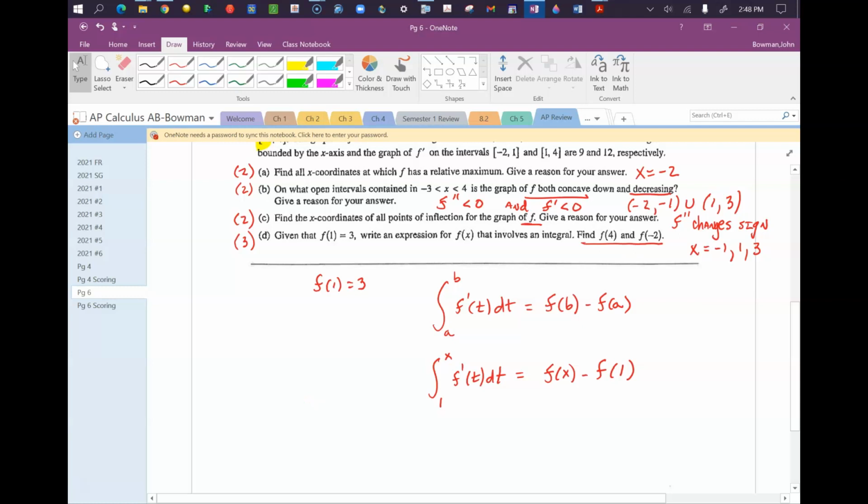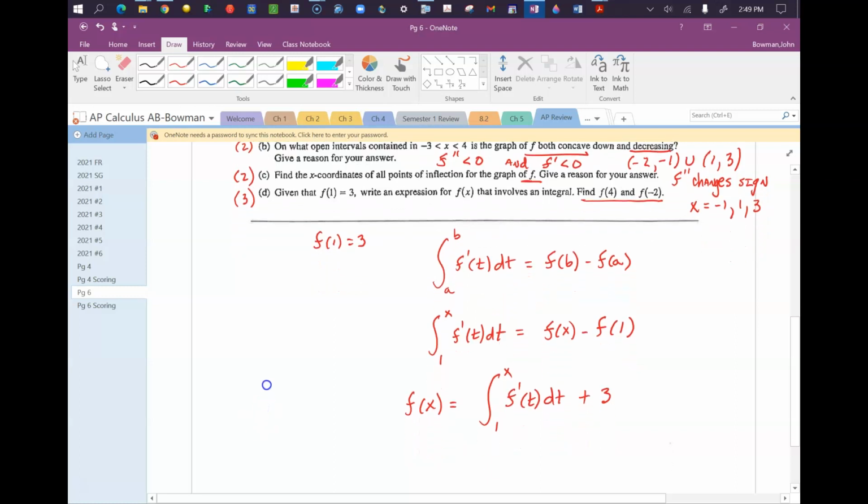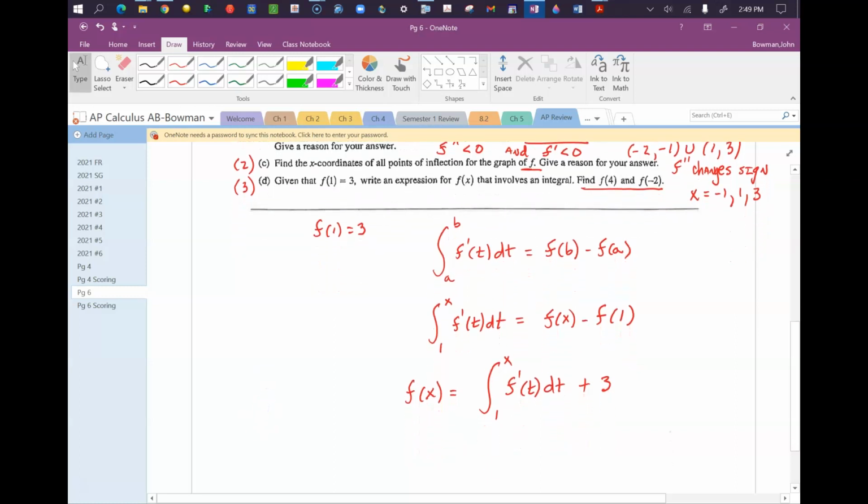So if we solve this for f of x, we get f of x is equal to the integral from 1 to x of f prime of t dt plus f of 1, but f of 1 is equal to 3. So if we want to find f of 4, we're going to integrate from 1 to 4 of f prime of t dt.